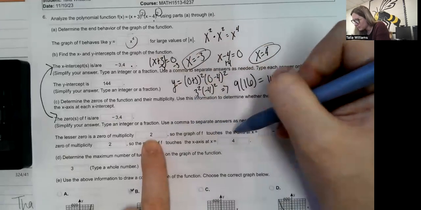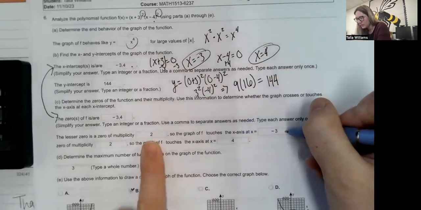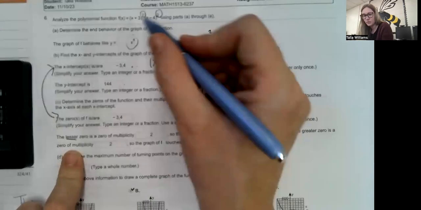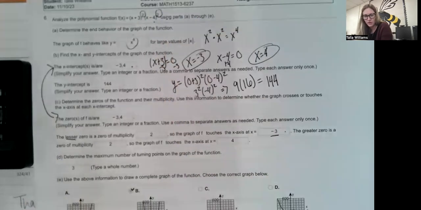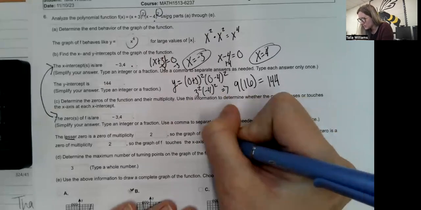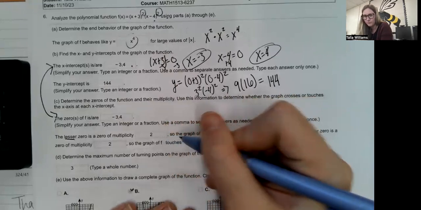So the graph of f touches the x-axis at -3 because this is the lesser one. So -3 is first, but both of our multiplicities are 2 on this one. It's blurry. But you fill in right here too. So it touches because it's even.